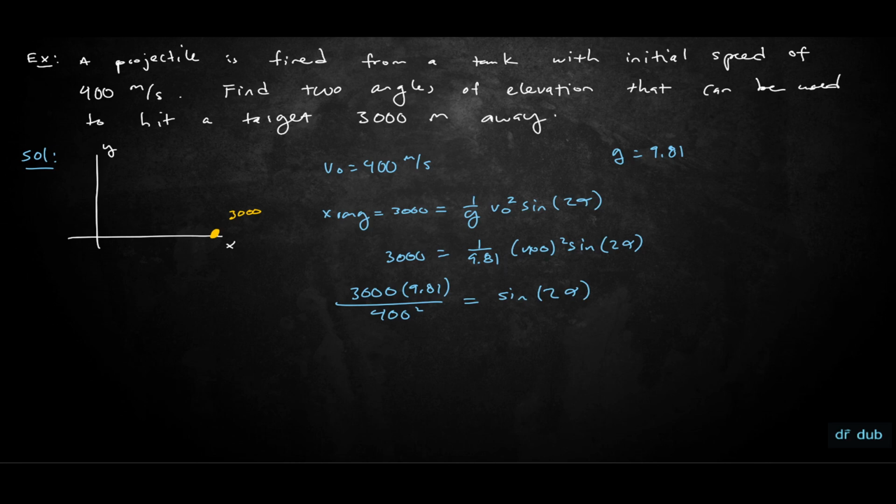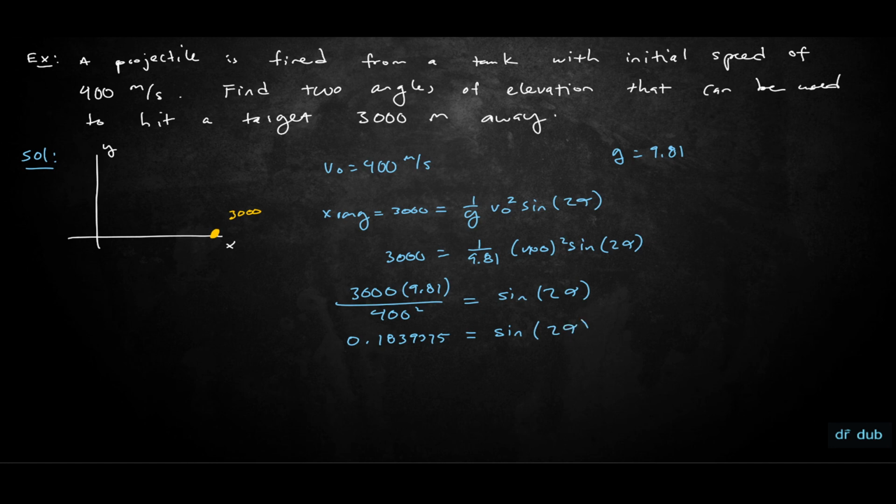Let's get that number and then take the arc sine to get two angles. I get 0.1839375 equals sine of 2 alpha.